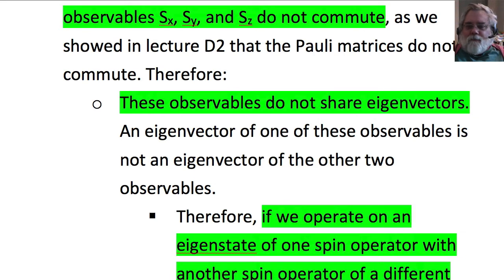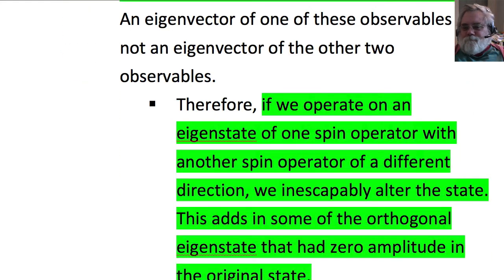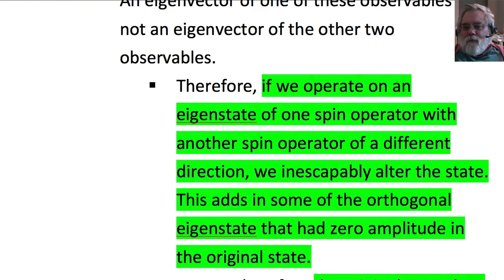An eigenvector of one of these observables is not an eigenvector of the other two observables. Therefore, if we operate on an eigenstate of one spin operator with another spin operator of a different direction, we inescapably alter the state.